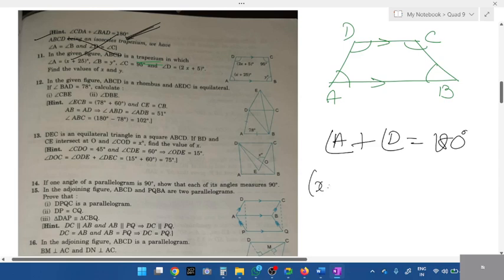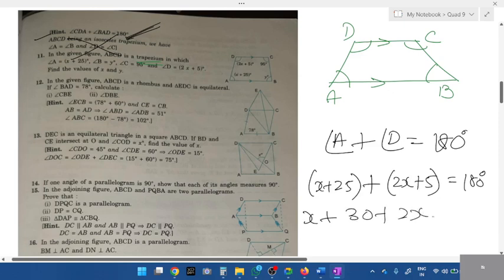Take angle A, x plus 25, plus angle D, which is 2x plus 5, is equal to how much? Yes. Open the bracket, add and solve this. x plus 25 plus 5 is 30, plus 2x is equal to 180. 3x is equal to 180 minus 30.